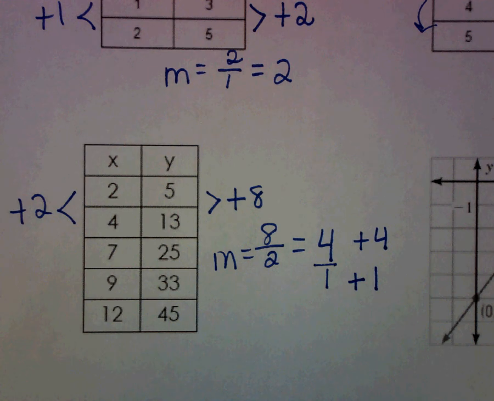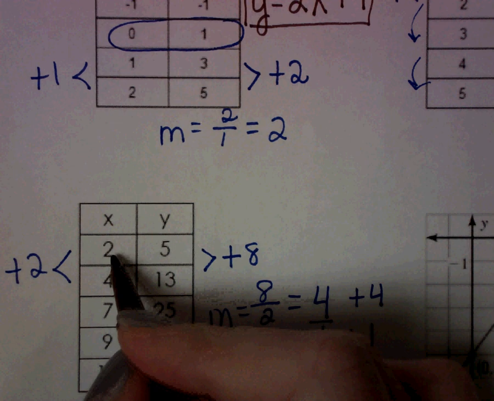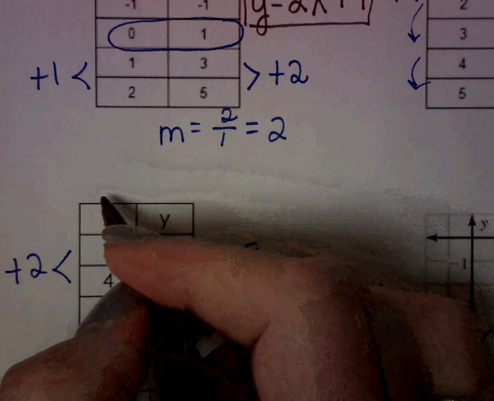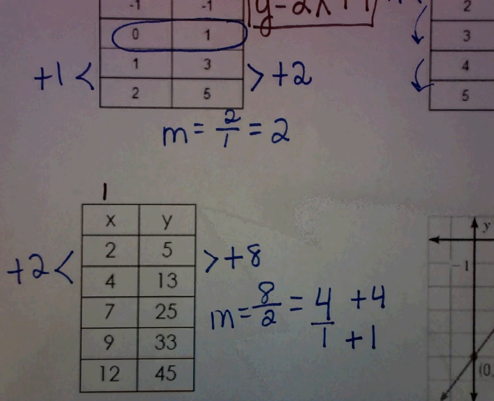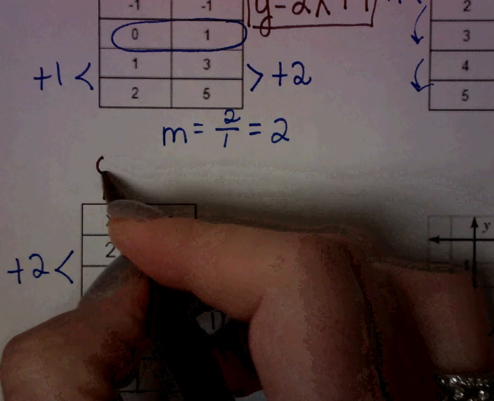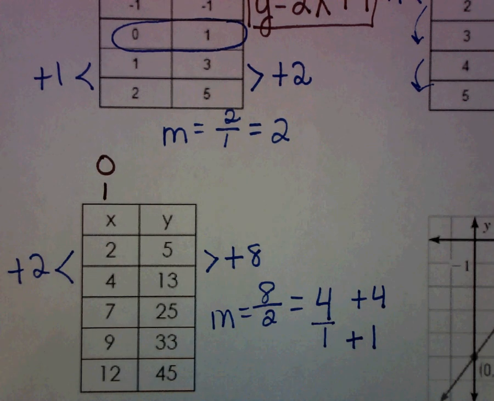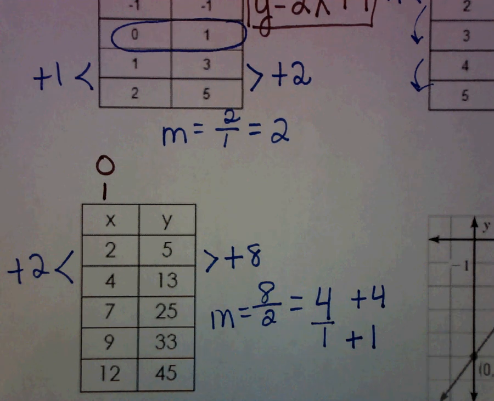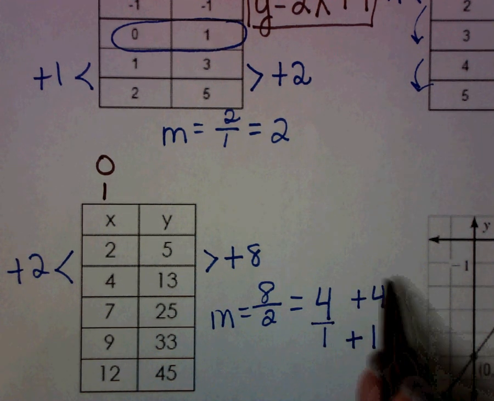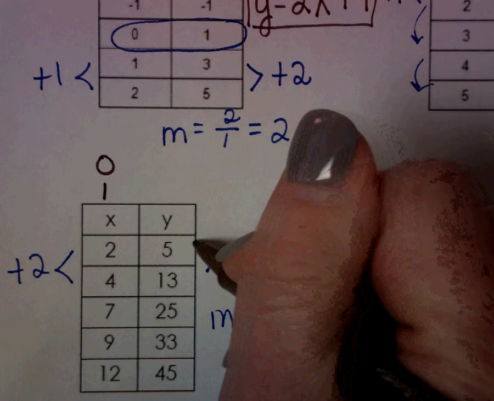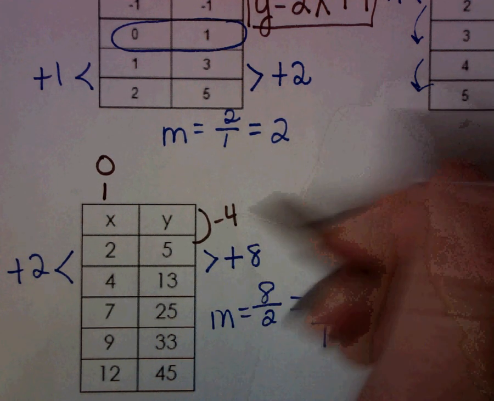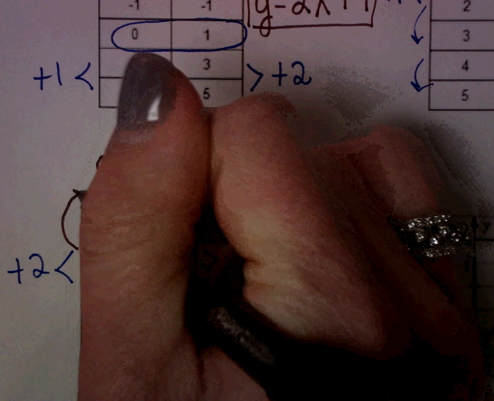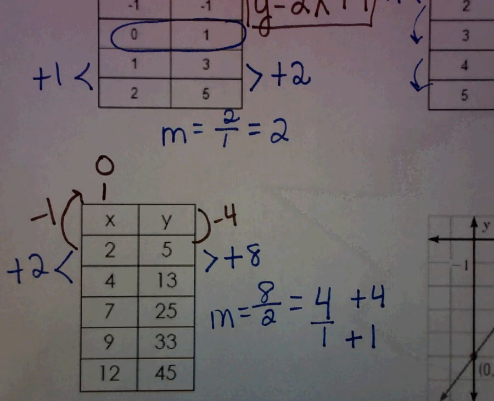The reason I say that is because now as we work backwards, we're at x equals 2. So I need to go back where x is 1, and then I need to go back where x is 0. So we're going to have to work backwards twice using this positive 4, positive 1, our unit rate. So we're going to say minus 4 each time because we're working backwards, and minus 1 each time.